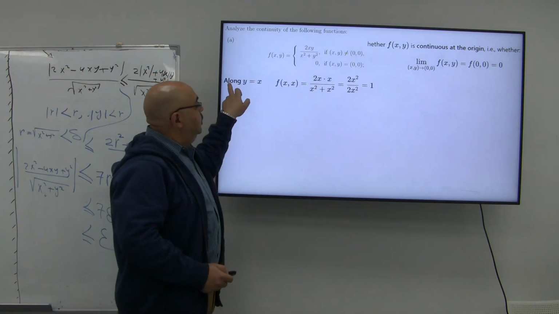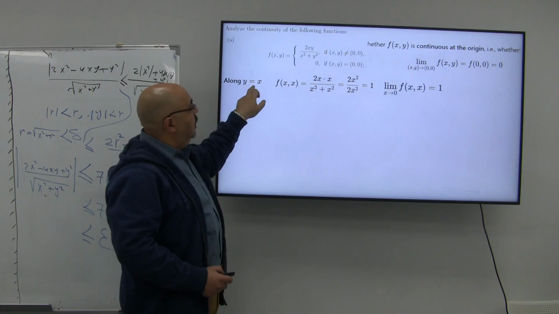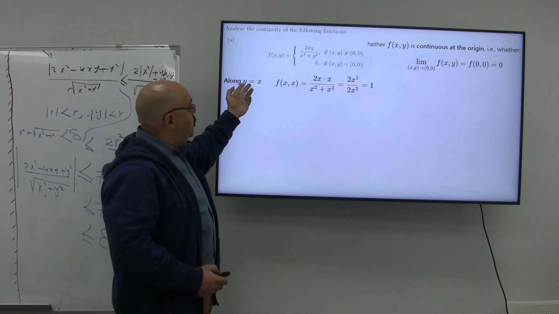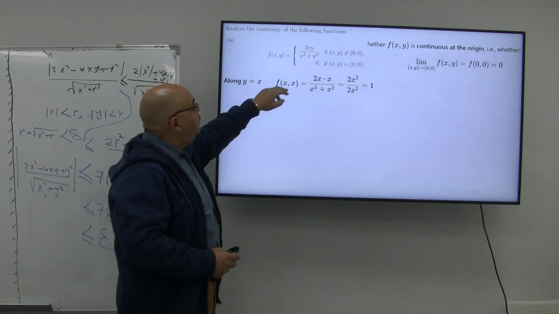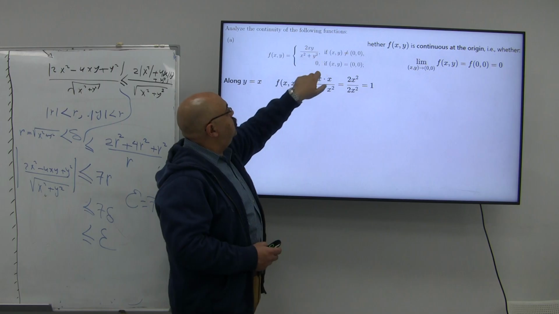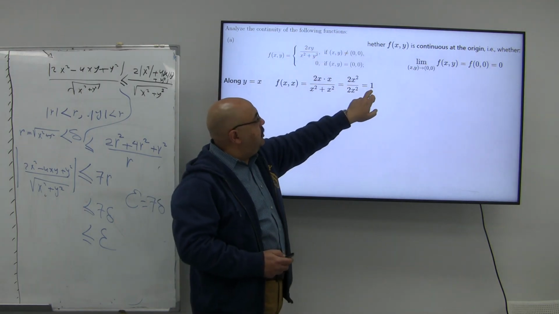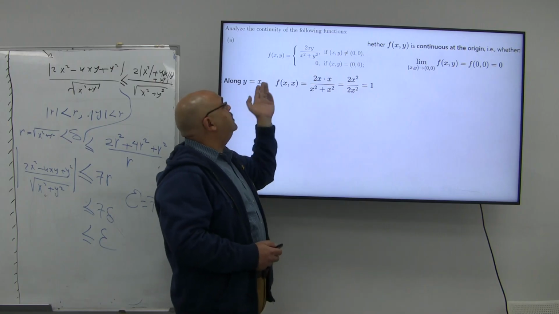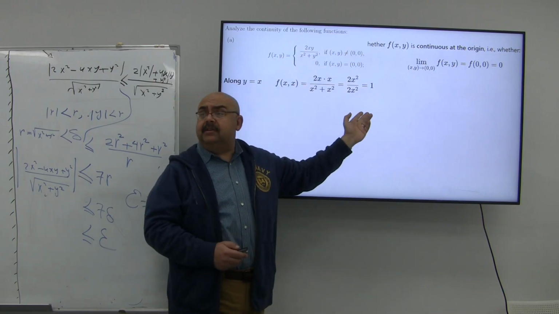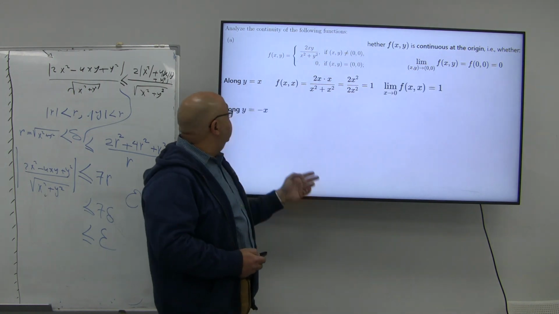So along different paths, if we use y equals x as one of the curves, you will end up having 2x squared over 2x squared, which leads to the limit equal to 1. If you try y equals minus x, it is going to equal negative 1, which means that the limit doesn't exist.